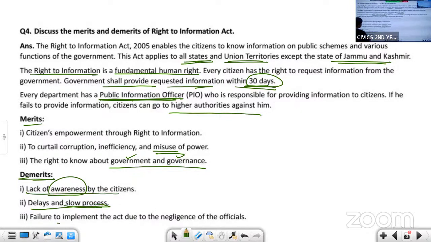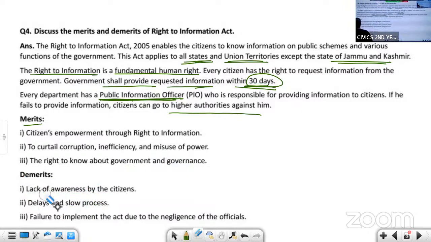Failure to implement the act due to negligence of the officials. This Right to Information Act is not implemented properly because the officials did not show much interest. They neglected it. Why did they neglect it?